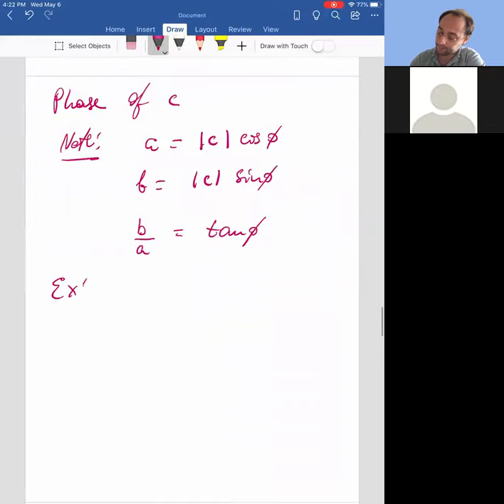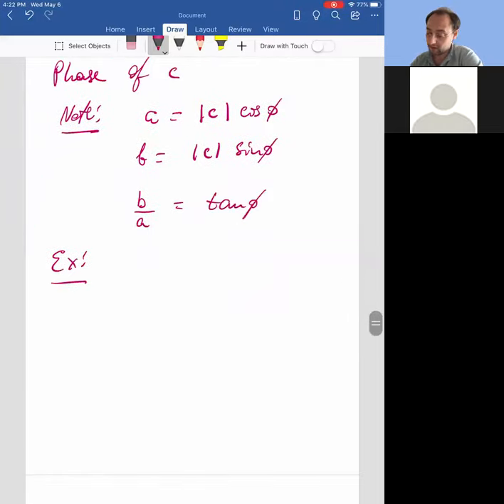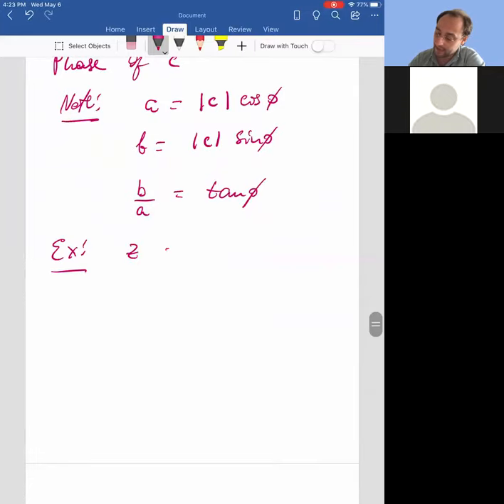For example, let's say you have a complex number. I'm going to call it Z. Oftentimes they use letter Z for a complex number. I called it C. I'm going to call it Z, just so you get used to it. Z equals 3 plus 2I. What is the magnitude of Z? The square root of 3 squared plus 2 squared.